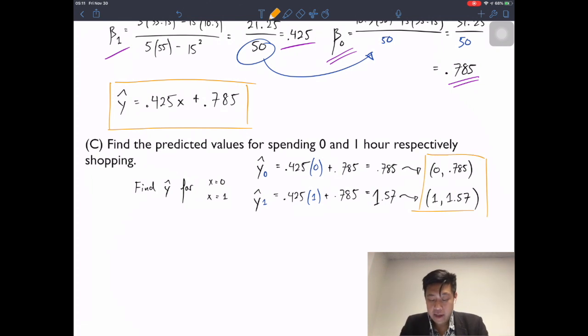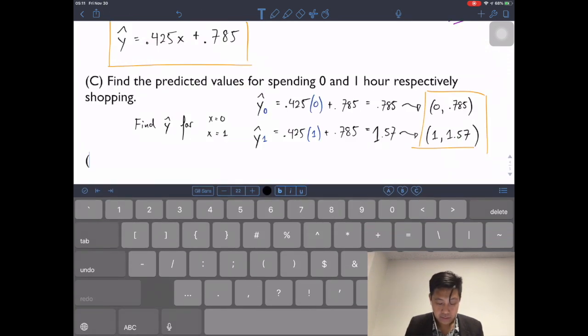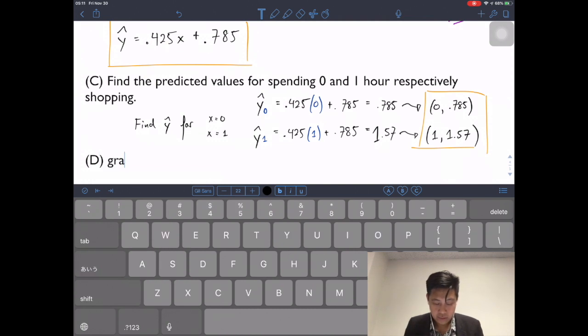But not only do you do that, you are also going to use these points for part D. And part D generally asks you to graph the regression equation against the scatter plot.